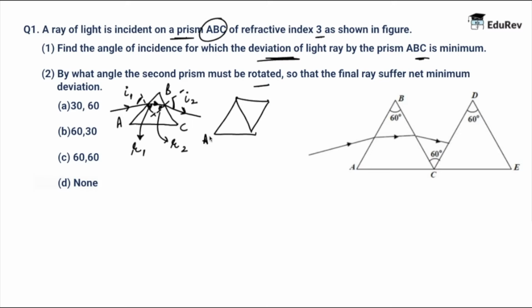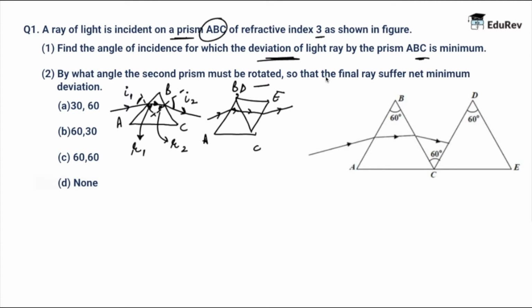That is, this is A, B, C, D and E. And the angle is like this. So this is how the ray is going to travel.